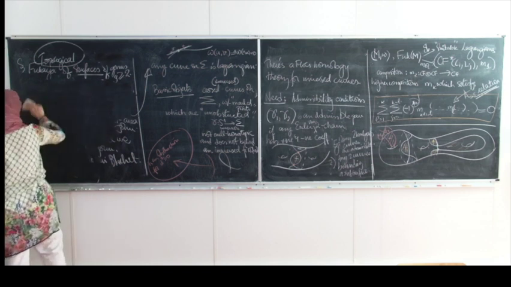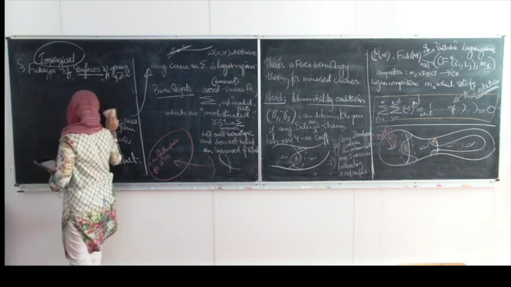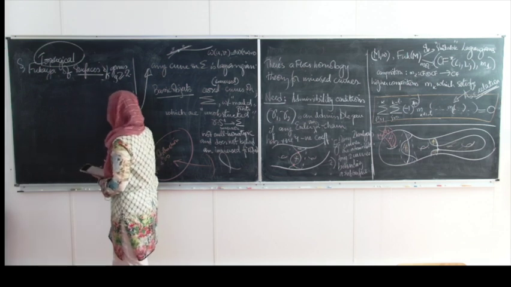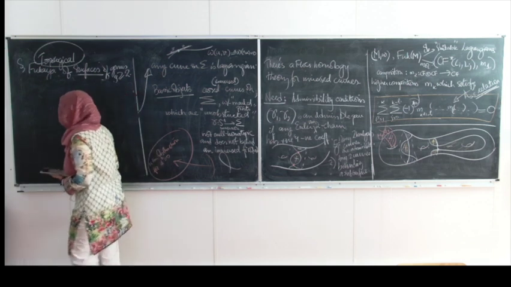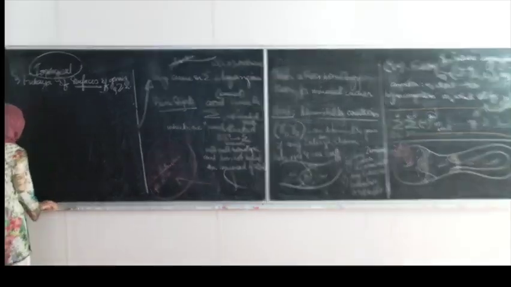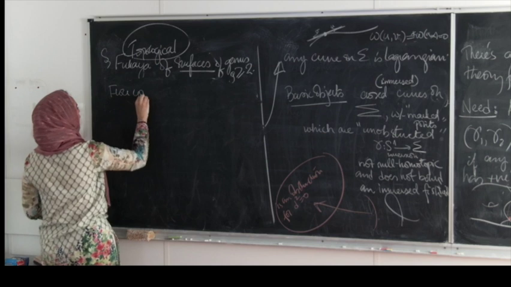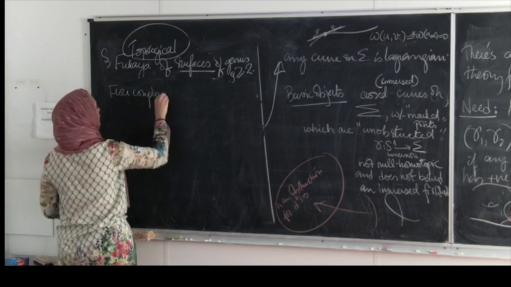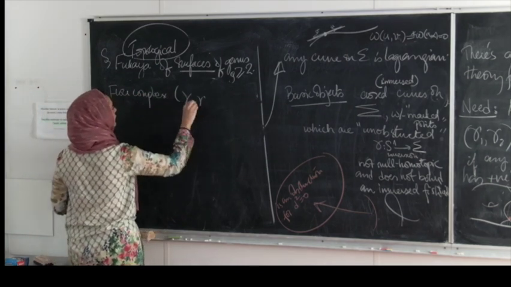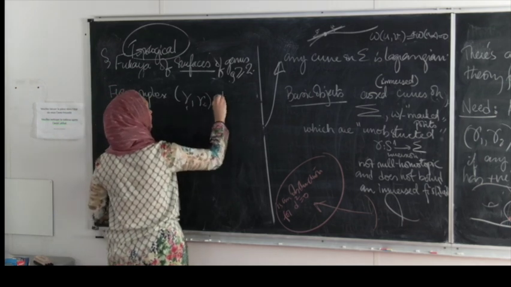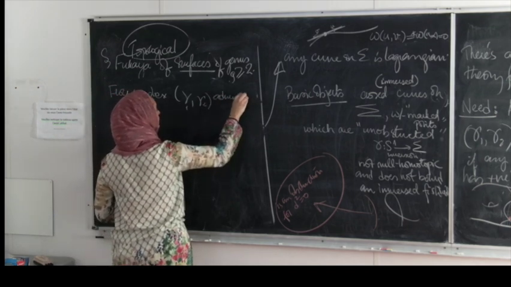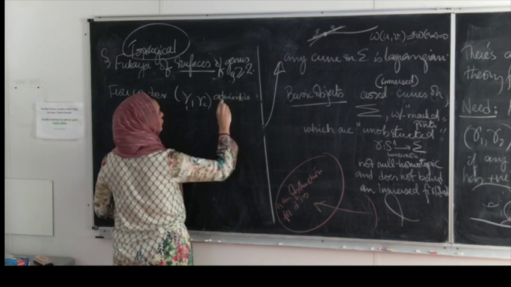They could intersect in points. If you have two admissible curves, of course, we need admissibility. So we're going to define Floer homology for Floer complex for an admissible pair. So this is an admissible pair. So that's our standing assumption throughout.